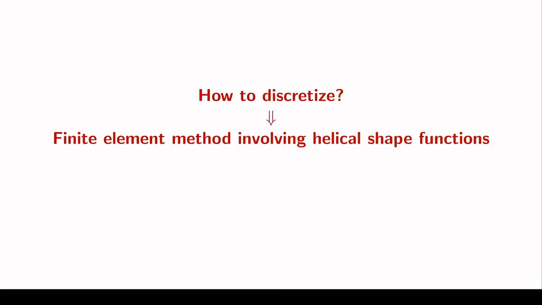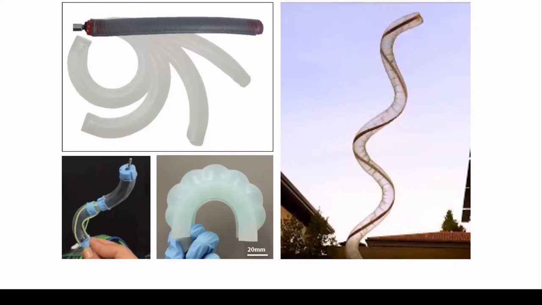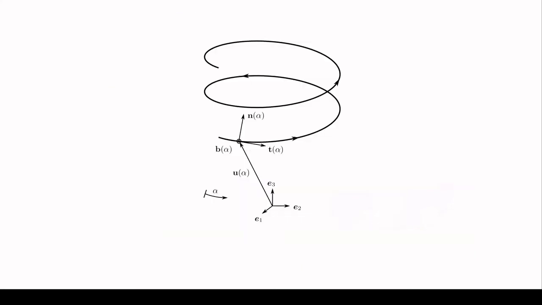So our approach is to use the finite element method, which uses helical shape functions. And why the helical shape functions? Because if we go back to the shape of tentacles, or the shape of classical robotic systems that have been developed recently, we can see that all of them have a common shape primitive, and this common shape primitive is a helix.